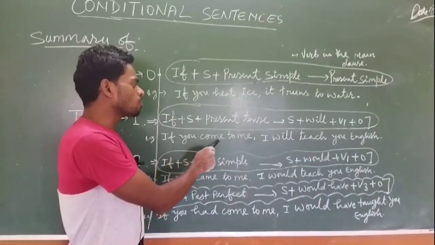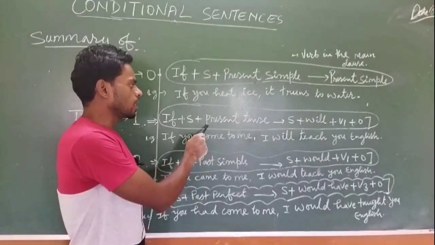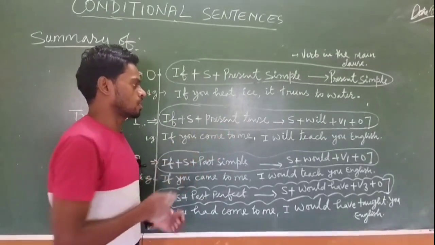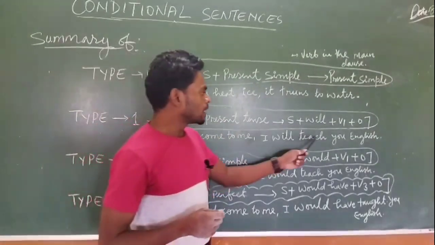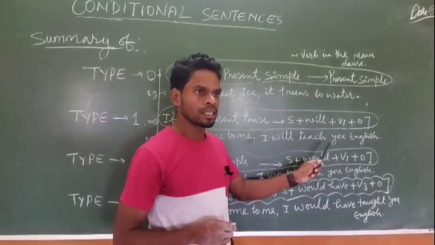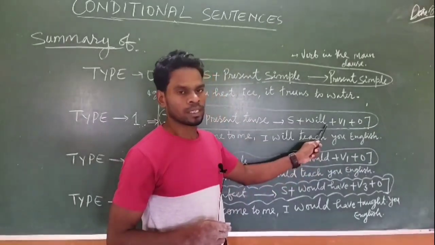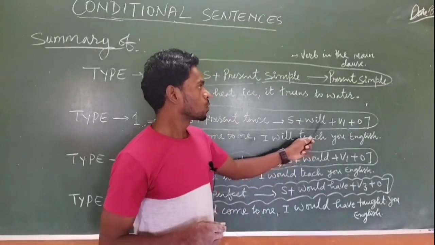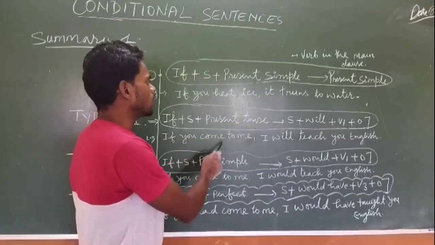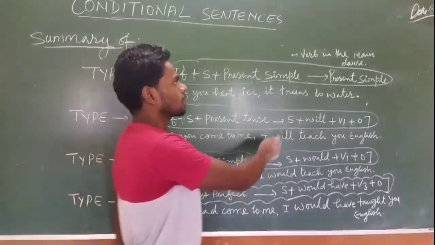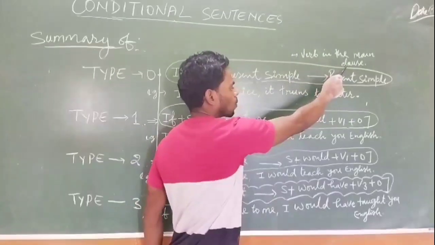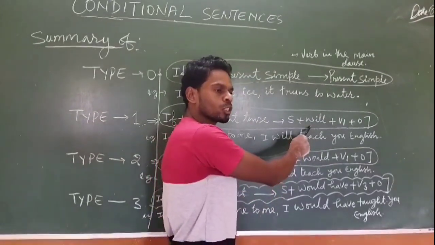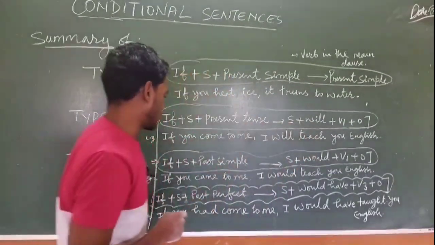So 'if you come to me' is in present tense. 'I will teach you English' is in future simple tense. So if the if clause is in present tense, then the verb in the main clause will be in future simple tense.